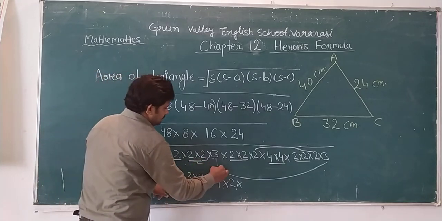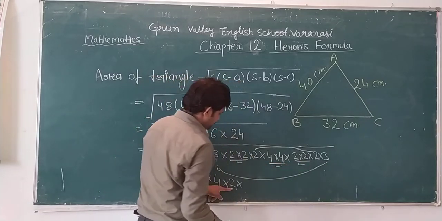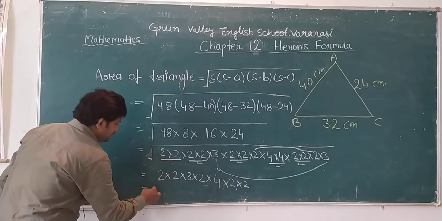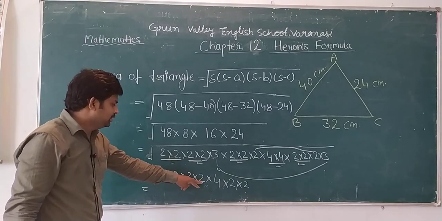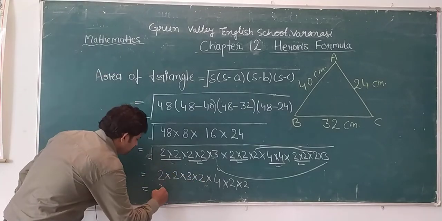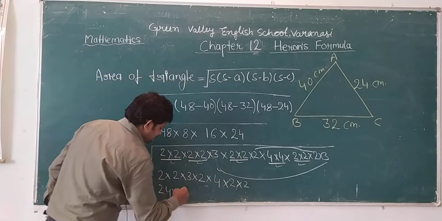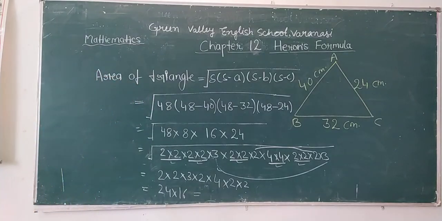The product of these numbers: 2 2s are 4, 4 3s are 12, 12 2s are 24, multiplied by 4 2s are 8, 8 2s are 16. The product of these numbers is equal to 384.